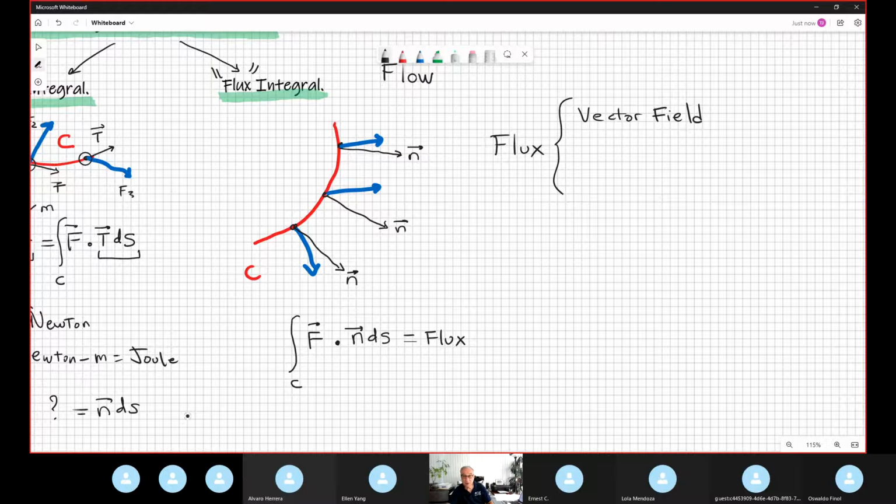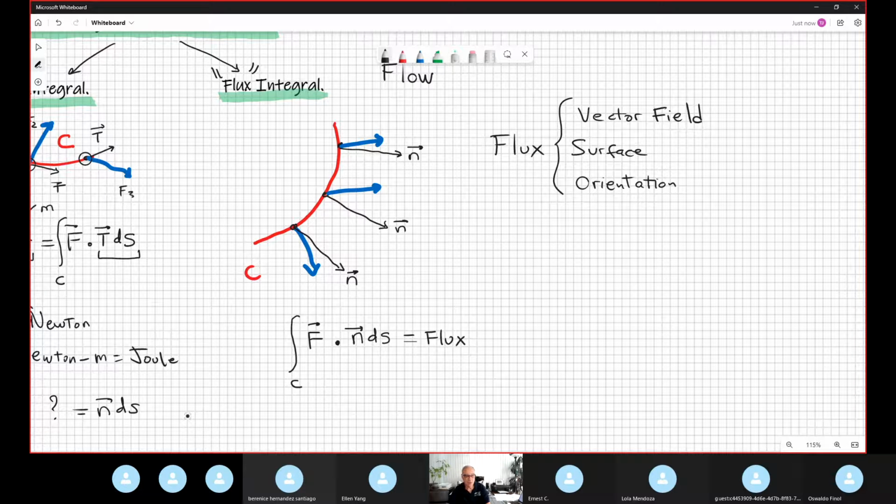Number two, the surface. If I want to find the flux through one big surface, the flux is a big number. If it's a small surface, it's not a big number. And number three, the orientation. I want to explain everything in detail now.